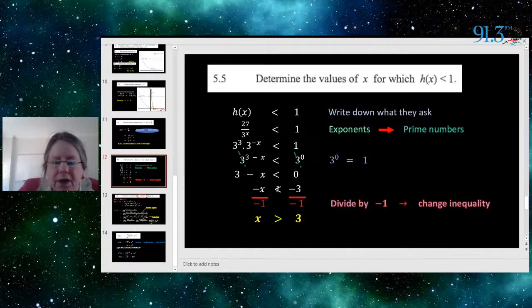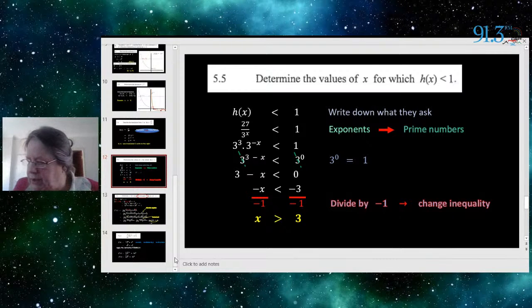So please note, they check this in grade 12, whether you know this. So x would end up being greater than 3. So see how cleverly they test whether you've picked up all the rules from your previous grades.